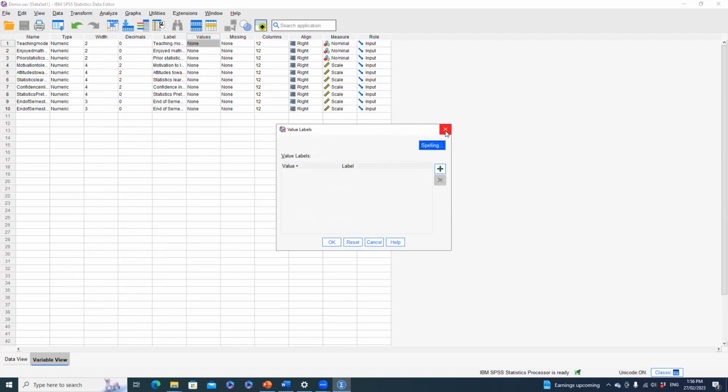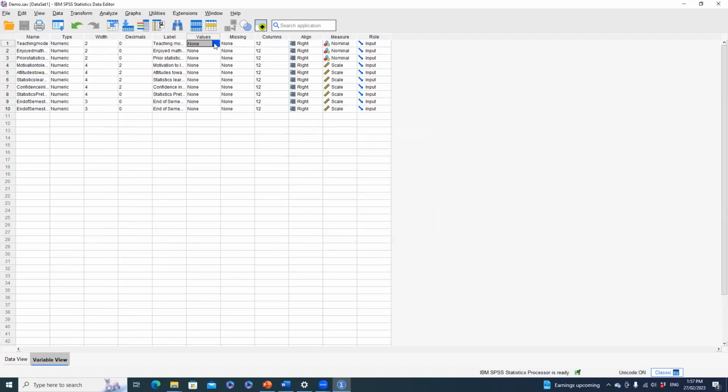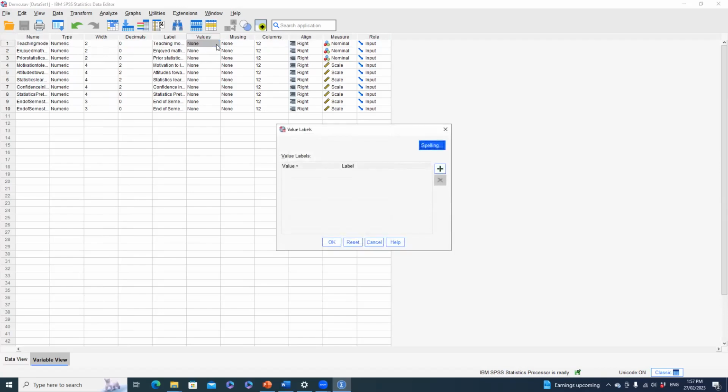What it does, I'll do that again. What it does is it opens it up here, and it gives you a drop down here, which you can now open. So what we then do in this is we can put in our values against a label that will tell you what that corresponds to.